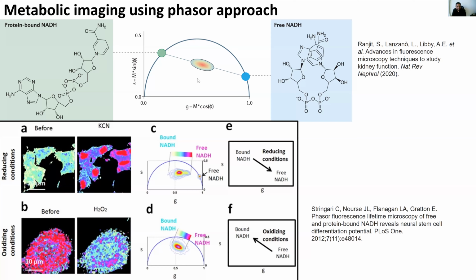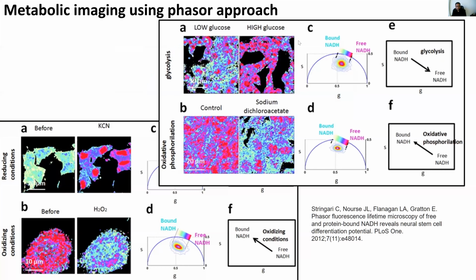By understanding that, they also looked at glycolysis. If you add high glucose, it goes towards free NADH. And if you use sodium dichloroacetate, which pushes it towards oxidative phosphorylation, you see it goes more towards bound NADH. So now we have a way to look at changes between glycolysis and oxidative phosphorylation, at least the relative fraction of that.